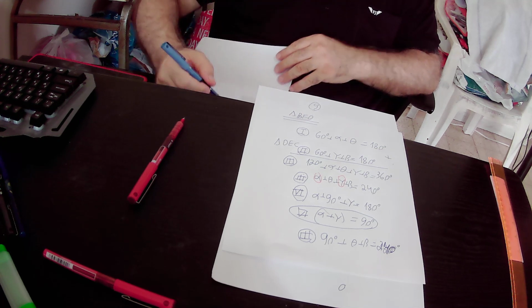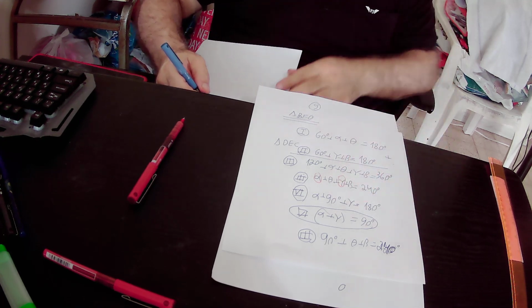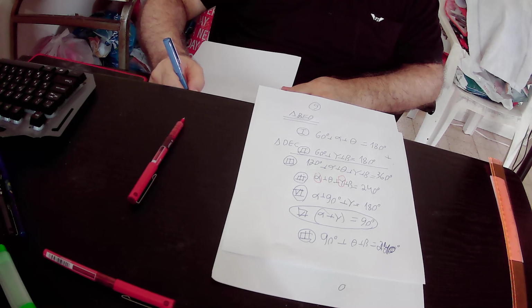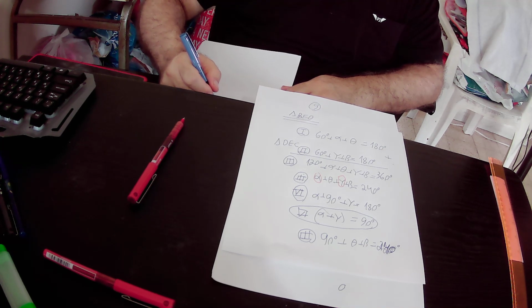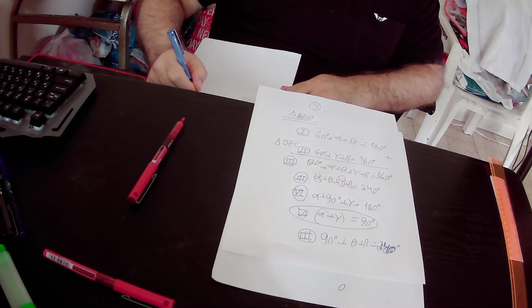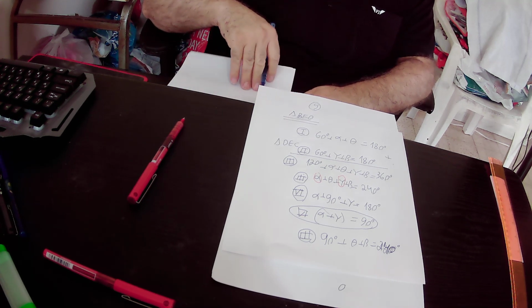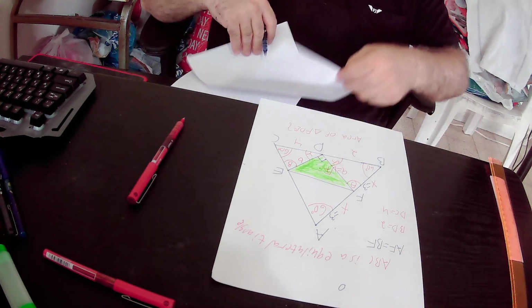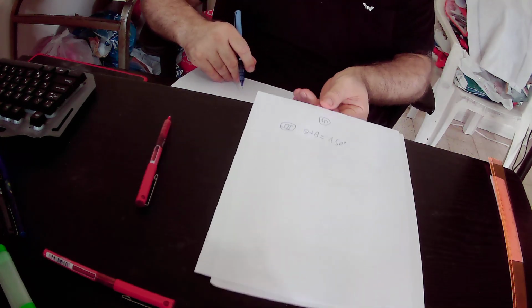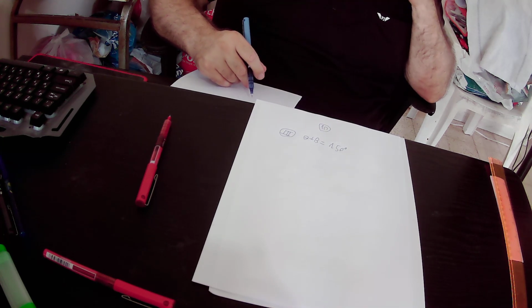Now we will subtract 90 degrees from equation number 3, and we will get that theta plus beta equals 150 degrees.